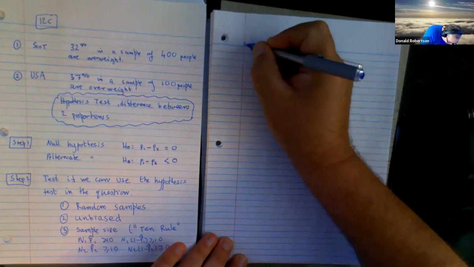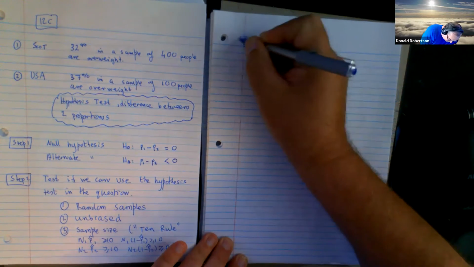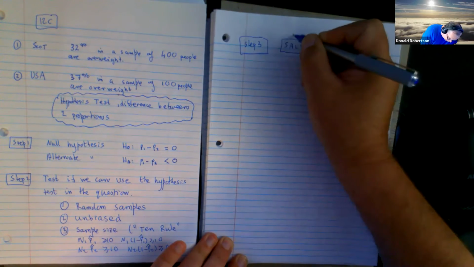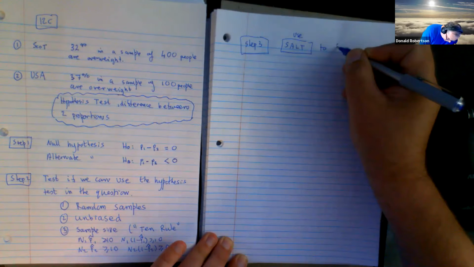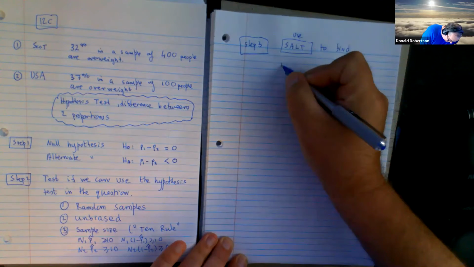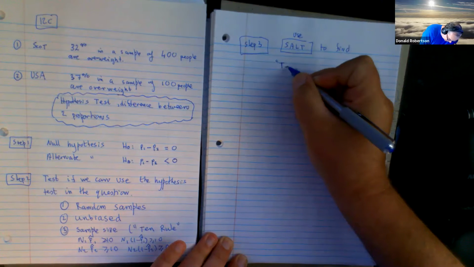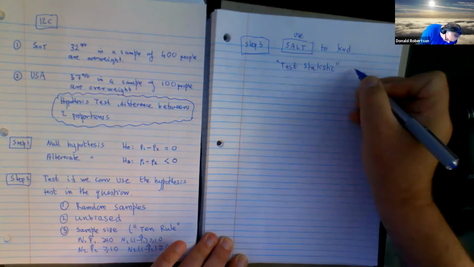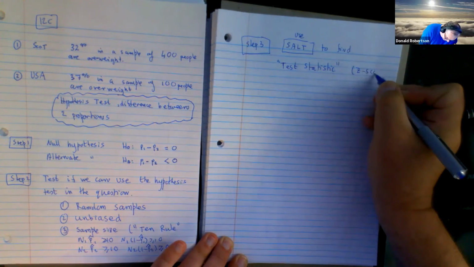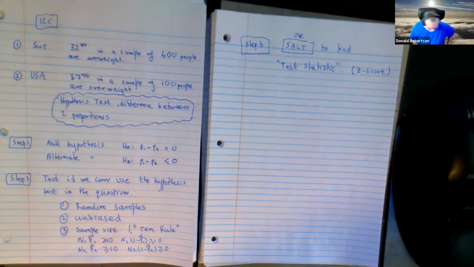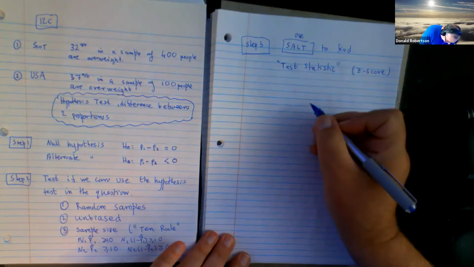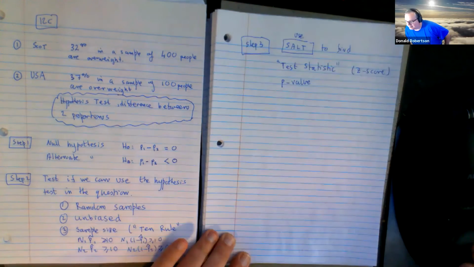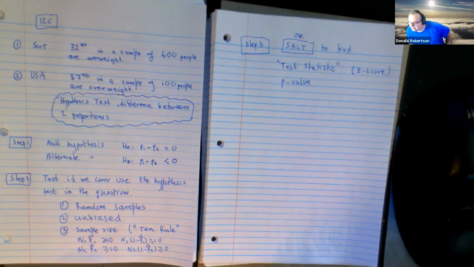So let's show you step 3. Step 3 is basically, I guess I should put the words, use SALT to find what they call the test statistic. I would call it the Z-score. And the other thing you're going to use SALT to get, much more importantly, is the p-value, which both of us call p-value, so we don't even have another name for that one.